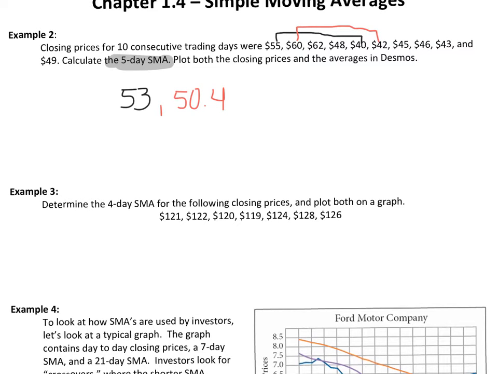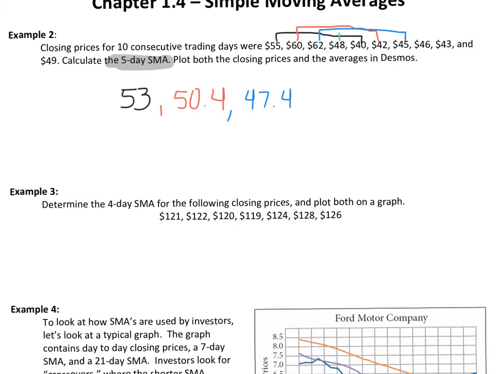Change colors. Now the next one, starting at 62: 62 plus 48 plus 40 plus 42 plus 45, divided by 5, is 47.4. Change colors.